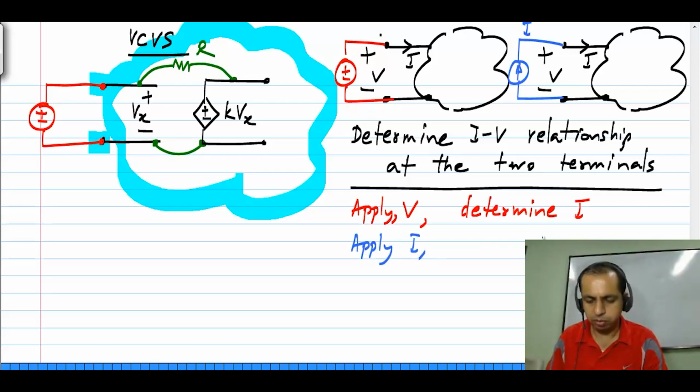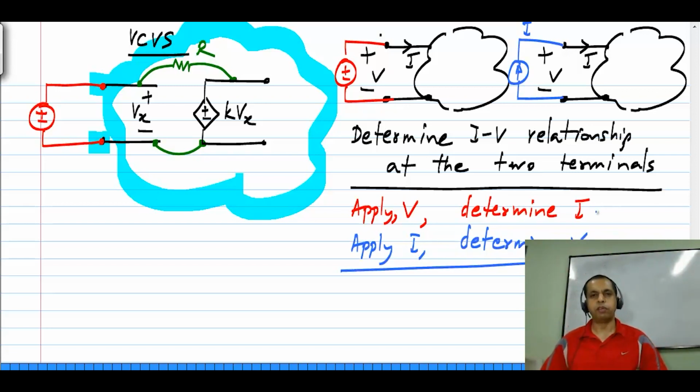Some of them are more convenient in some contexts. But the two are perfectly equivalent. Once you do this, you know the relationship between V and I, and you will be able to tell what the equivalent circuit is.